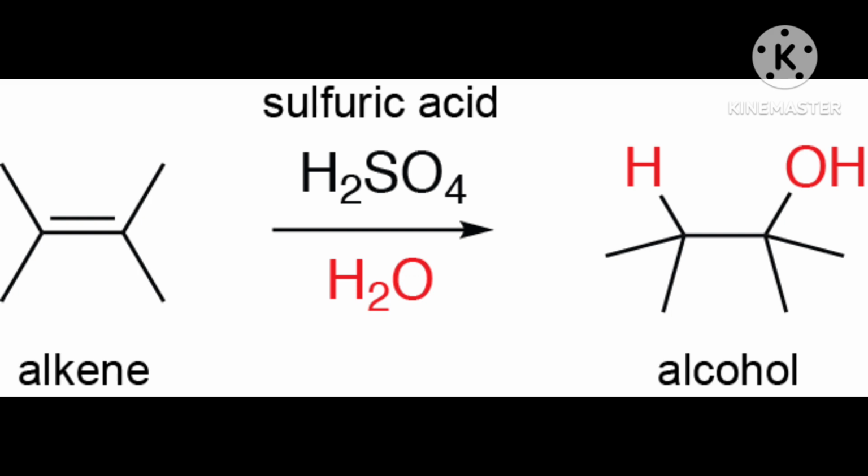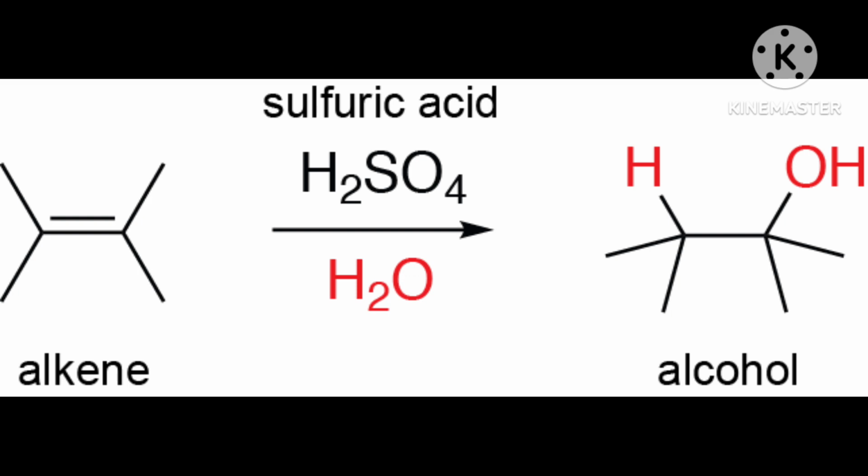Carbon number 2 has no hydrogen at all, so this OH will go to that carbon. Then with carbon number 2, three groups are attached: two methyl groups and one OH group. And where will H go?